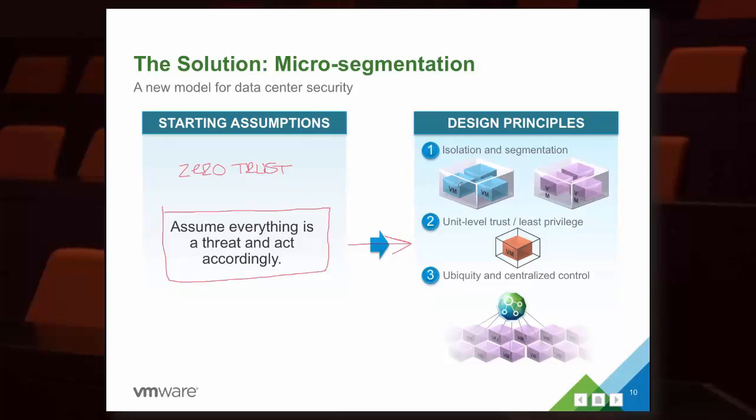So we're able to take isolation and segmentation, secure the VMs from each other, and then provide unit-level trust. So inside of each virtual machine, provide specific levels of trust for that virtual machine. And then automate control so that we can take those points of access and ensure that machines can scale and protect from one another and the applications that are moving inside of the data center effectively.